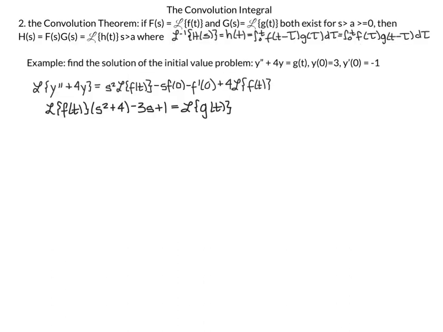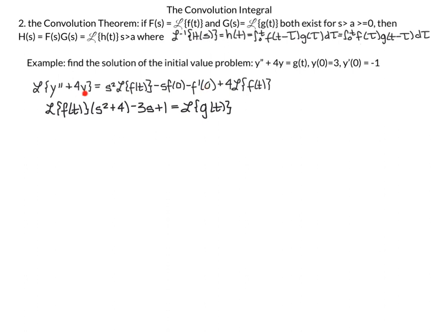Next I have this example of using a convolution integral in solving a differential equation. We have y double prime plus 4y equals g of t, y of 0 is equal to 3, and y prime of 0 is equal to negative 1. So I take the Laplace transform of y double prime plus 4y. The Laplace transform of y double prime is s squared times the Laplace transform of y, minus y of 0 s, minus y prime of 0.